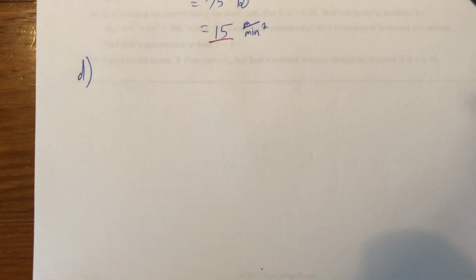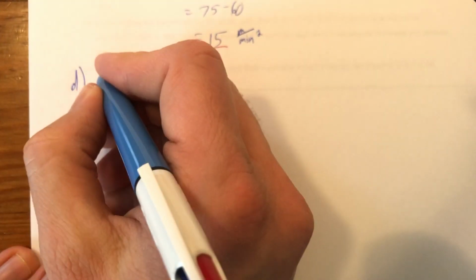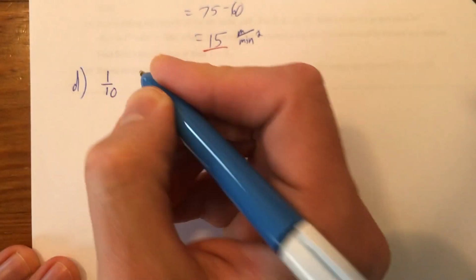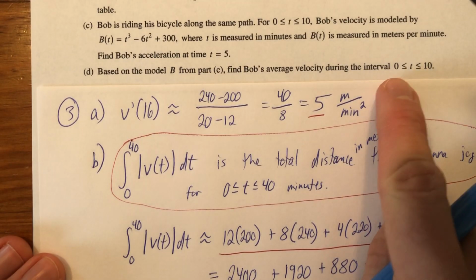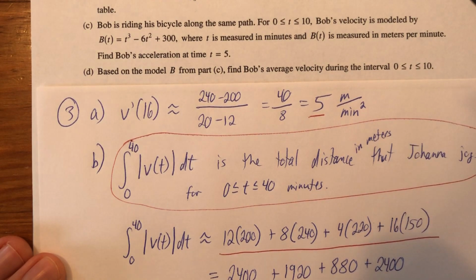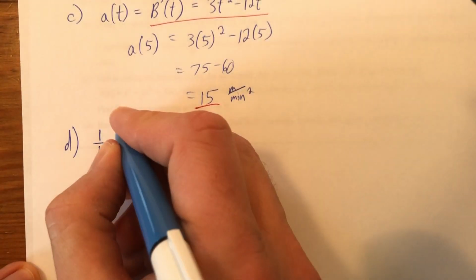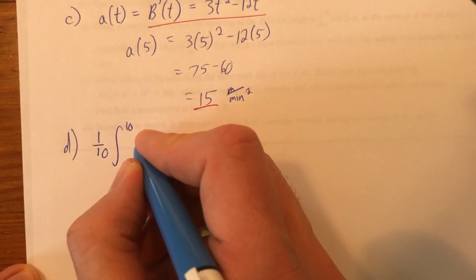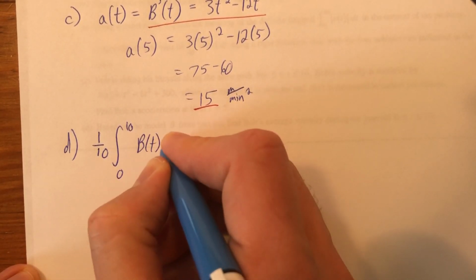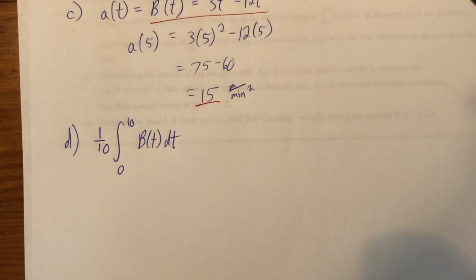All right, here goes. The average velocity is that. I want to know his average velocity from 0 to 10, so the integral from 0 to 10 of Bob's velocity. So we'll just start working on that.